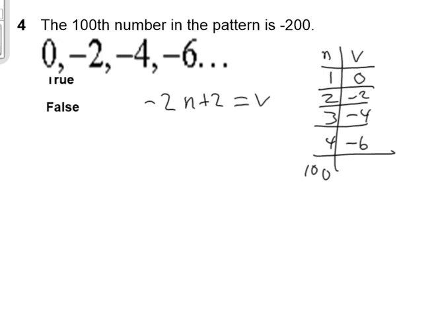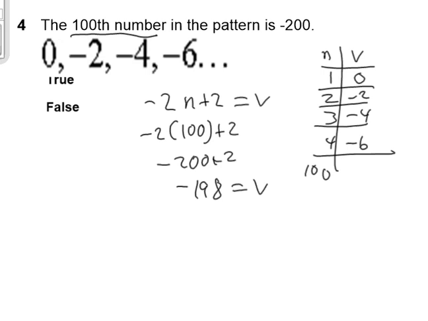So I'm going to take this equation and substitute 100 for its number, because I want to know what the 100th number is, so the 100th n. And I'm going to simplify. And I'm going to realize its value is not -200, but rather -198. And therefore, your answer is false.